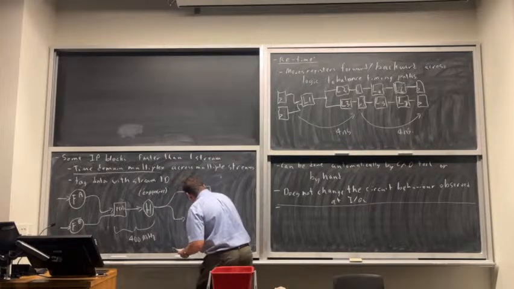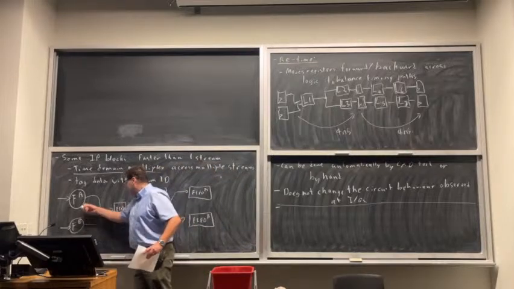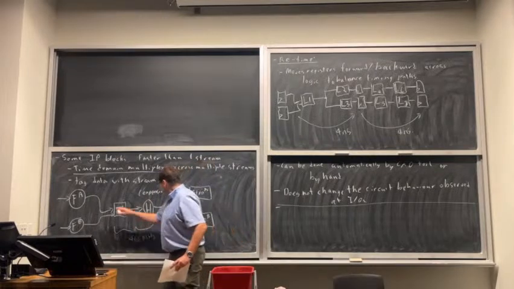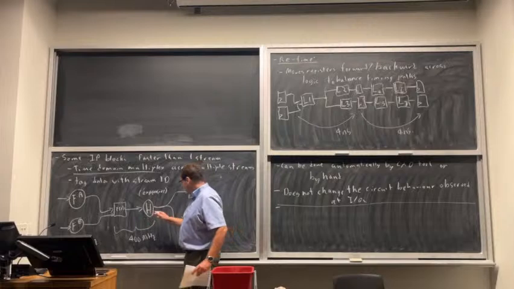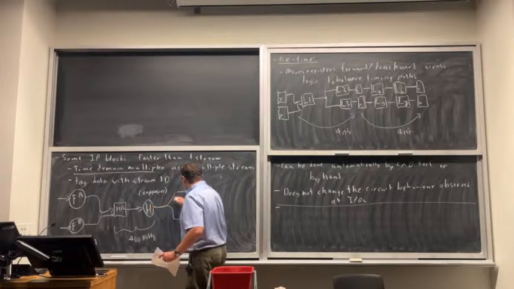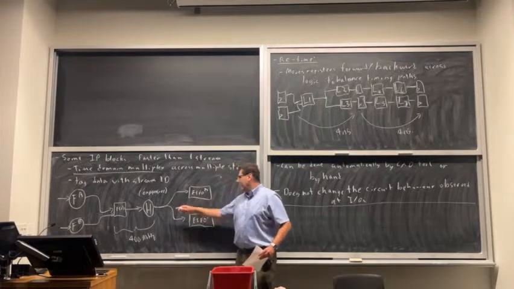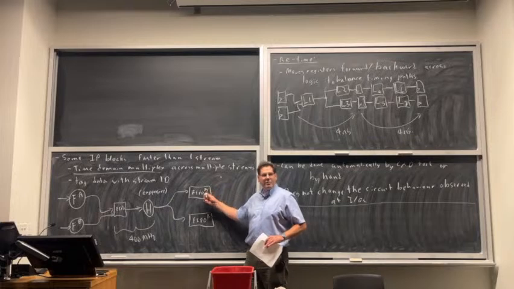I put another FIFO on the output of this. Because these units are tagging, inserting stream IDs, the IP block just passes those through. It doesn't really need to do anything with the stream ID. But on the output, I can look at those stream IDs and take them apart again. Put stream A into FIFO A, stream B into FIFO B, and keep going.